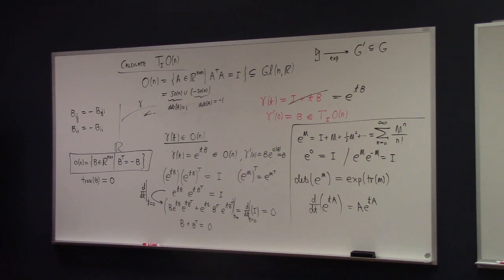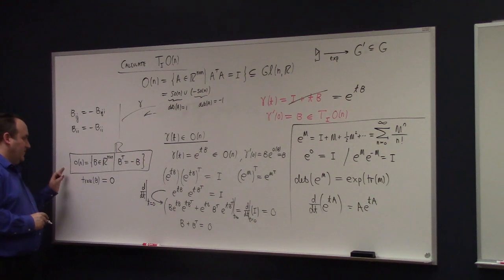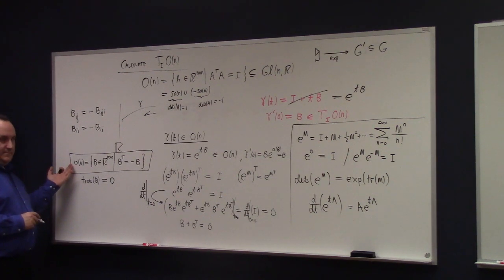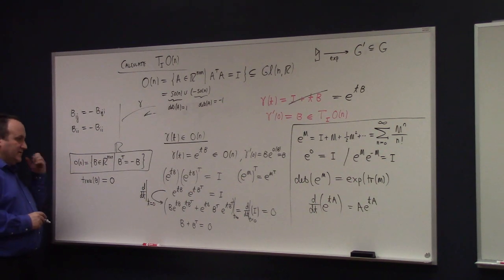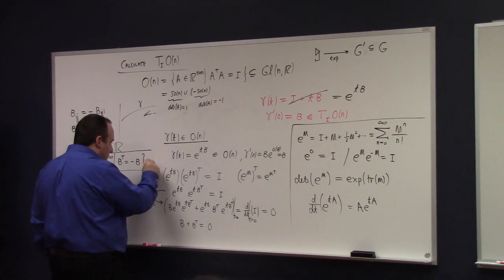So what does that tell us? That tells us that if you have a B in the Lie algebra little o(n), then it's also in the Lie algebra for little so(n). So what I'm saying is that this is actually equal to little so(n).